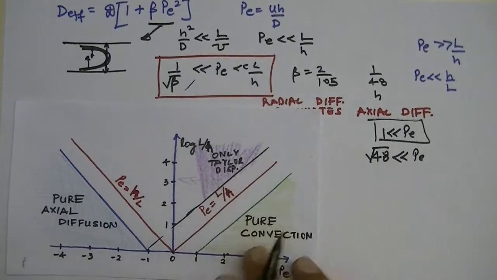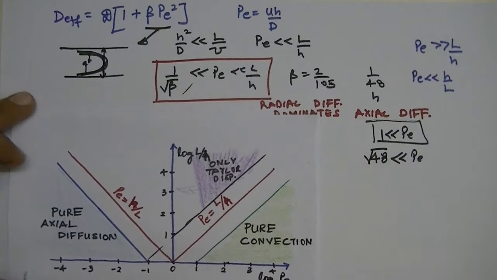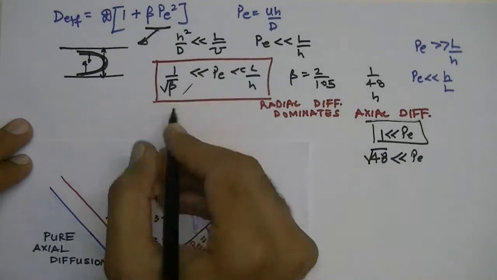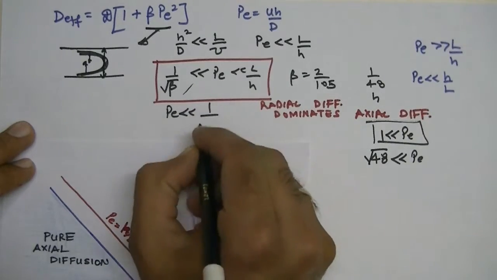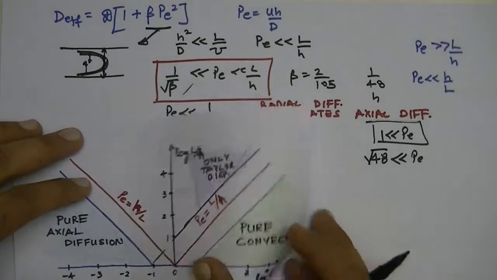So this is the Taylor only dispersion regime. Now we look at the completely opposite case, when the Peclet number is significantly smaller than 1 over square root of beta.